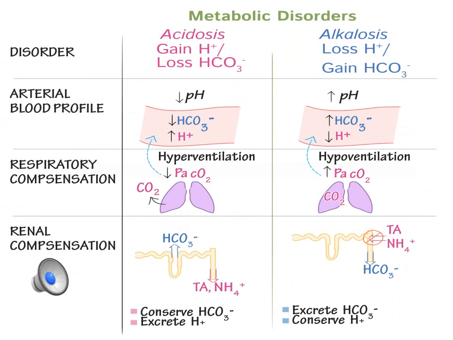So the baby shows hypoventilation, respiratory rate is decreased, and CO2 is retained. So PaCO2 is increased. And coming to renal compensation, what happens? We have an alkalosis, so HCO3 is increased. So the kidneys excrete the HCO3 and conserve H plus.